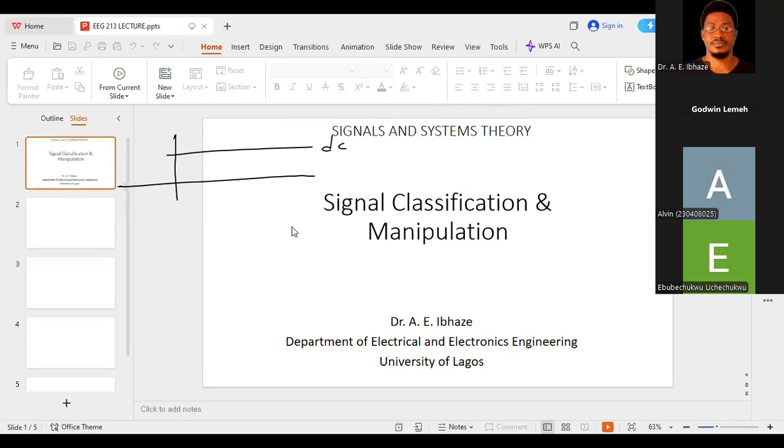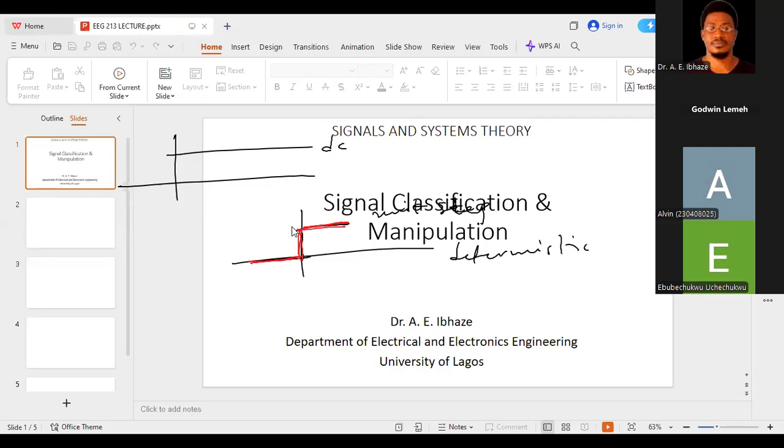We said the DC is not a deterministic signal, but a unit step function is a deterministic signal, okay? Now, it may look like the DC, but actually it is varying. It's just moving from zero to some positive value.